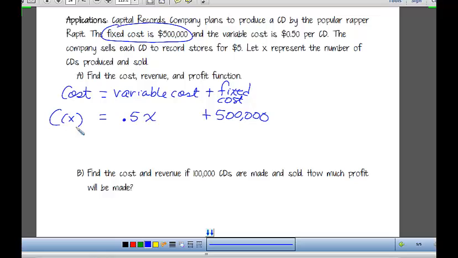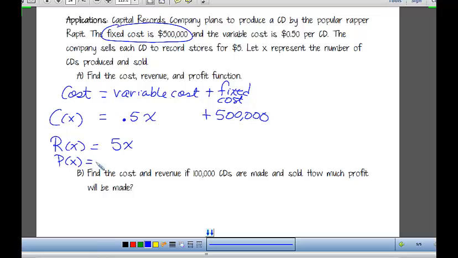Okay, then they're going to sell it to the store for $5. So we can come up with what from that information? Which function? Not P of X, not quite. First we have to come up with R of X, the revenue. And so they're selling it for $5 per CD. Okay? And now we can come up with the profit.